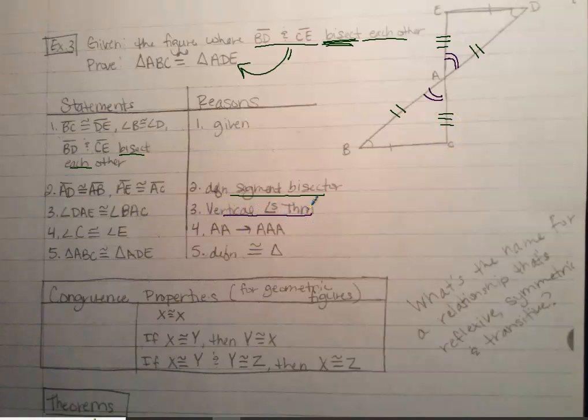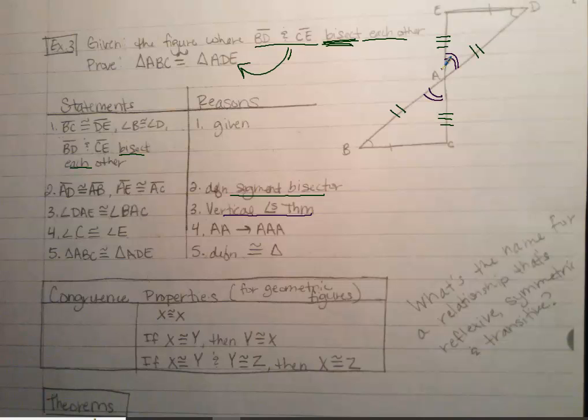Excellent. Okay, so I've proved 3 sides are congruent, and I've proved 1 angle, which was given to me, was congruent. I've proved a second angle was congruent. So now I need to prove a third angle is congruent. I'm looking. How else can I prove the third angle is congruent?